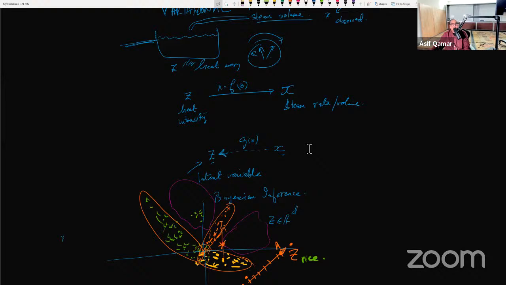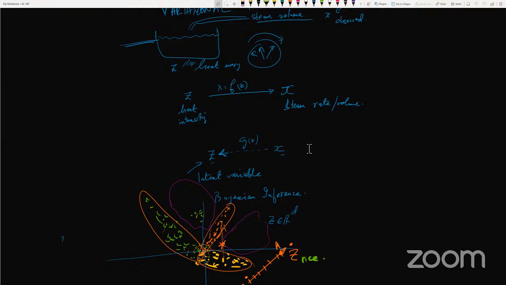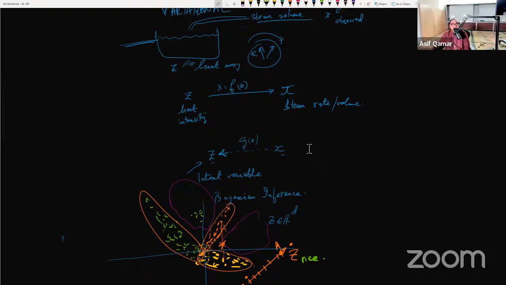What you may see is the volume of steam, the outflow of the volume of steam per second. How much steam is leaving per second? But the generative force is actually the heat that you're feeding to the pot.